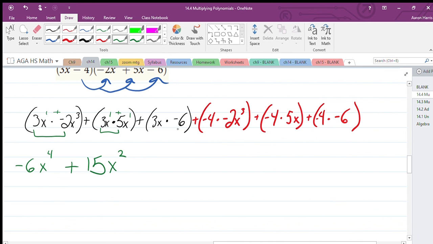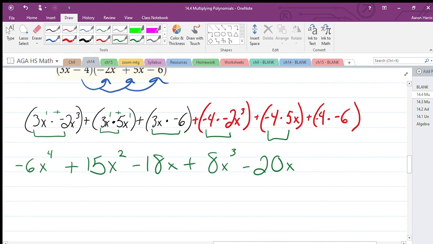Now, 3 times a negative 6, I get negative 18, and x multiplied by x. Negative 4 and negative 2 gives me a positive 8x cubed. Negative 4 and 5, negative 20. Keep the x. Negative 4 and negative 6 is positive 24. And that's how you do that.